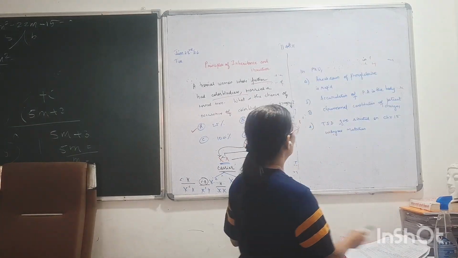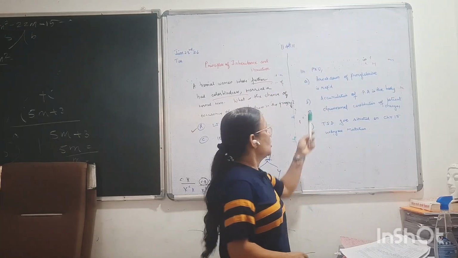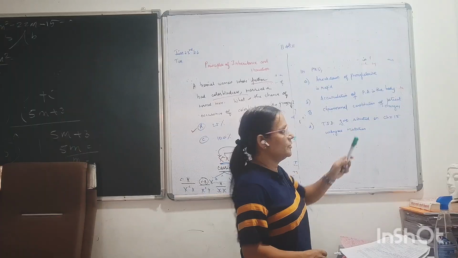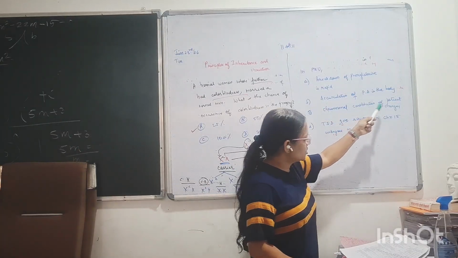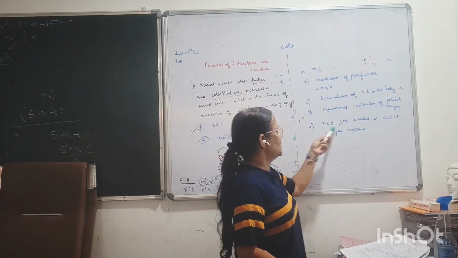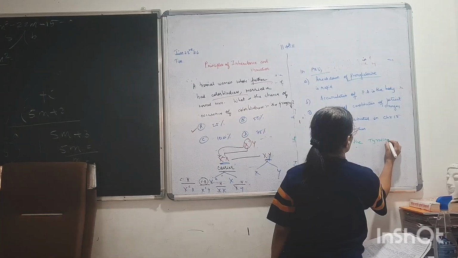Now see the MCQ. In phenylketonuria, what exactly happens? Breakdown of phenylalanine is rapid. Accumulation of phenylalanine in the body. Chromosomal constitution of patient changes. TSD gene situated on chromosome 15 undergoes mutation.